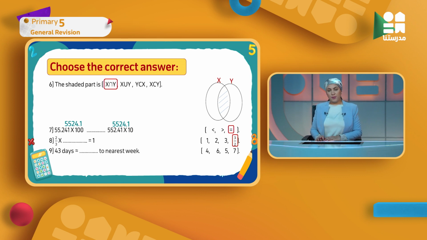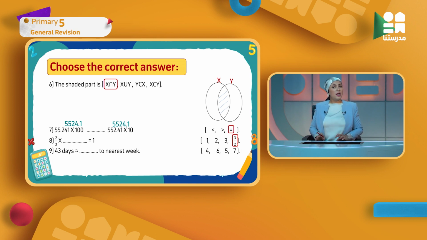Another example. 43 days is approximately what to the nearest week? طيب الأول هفكر. The week has how many days? Okay. Every week is consisted of 7 days. لأنه this is a fact.